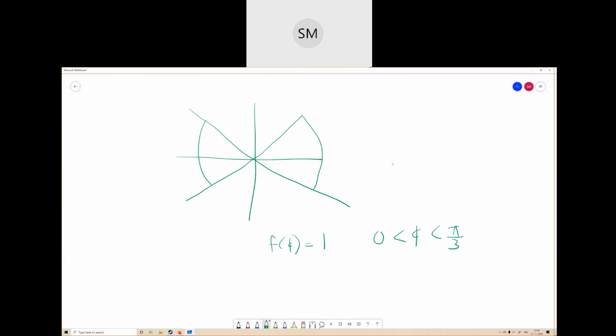F of phi equal to 0 for pi by 3 to 2 pi by 3, and F of phi equal to 1 for 2 pi by 3 to pi. So 0, pi by 3, 2 pi by 3, pi, and by symmetry, of course, the pattern repeats. So this is the pattern we need to synthesize.